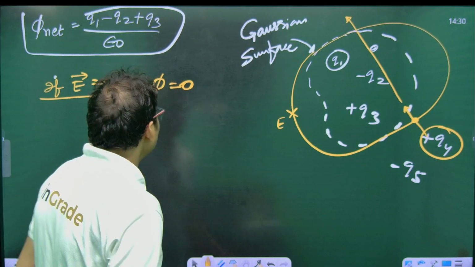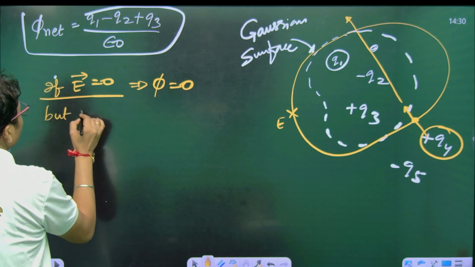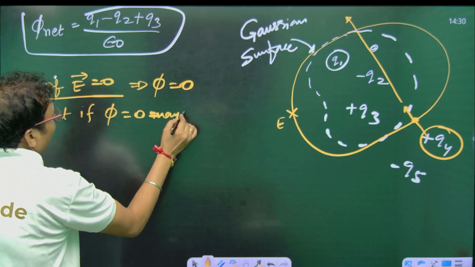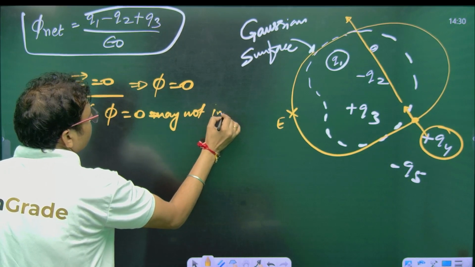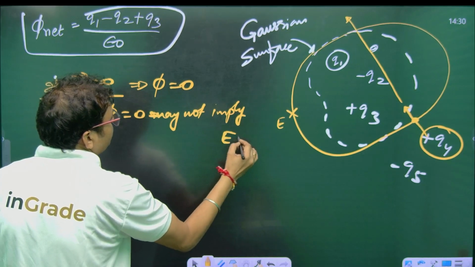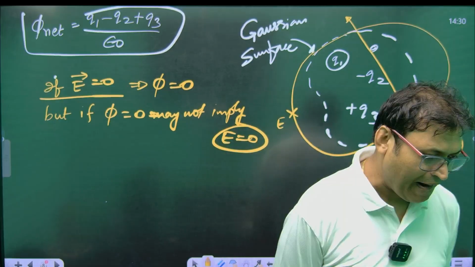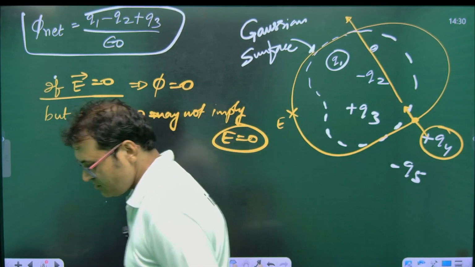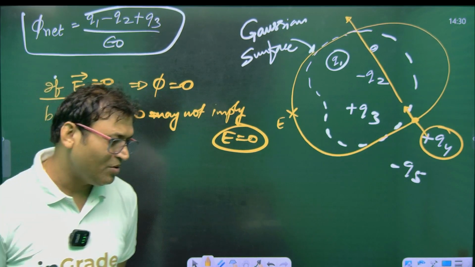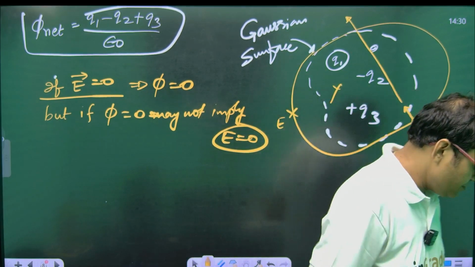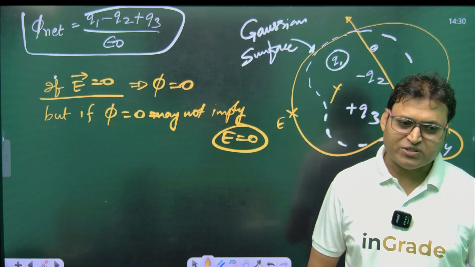But phi equal to 0 may not imply E is equal to 0, isn't it? Phi equal to 0 may be due to no charge enclosed by the surface. The charges may be outside the surface.